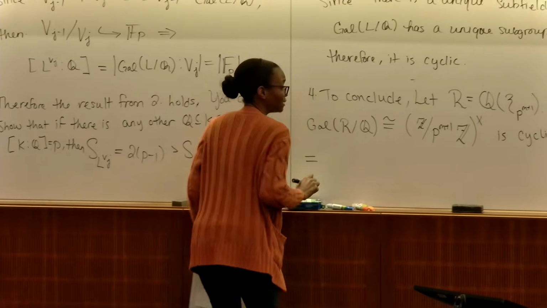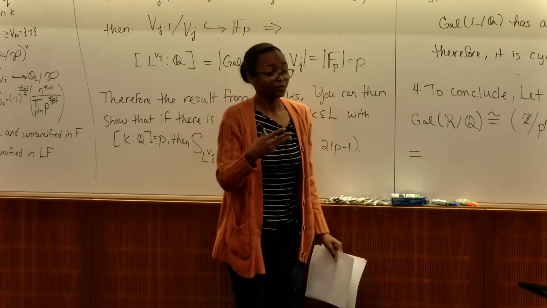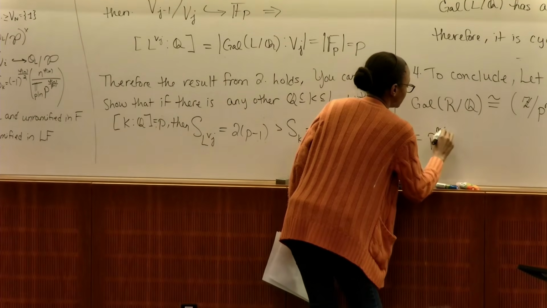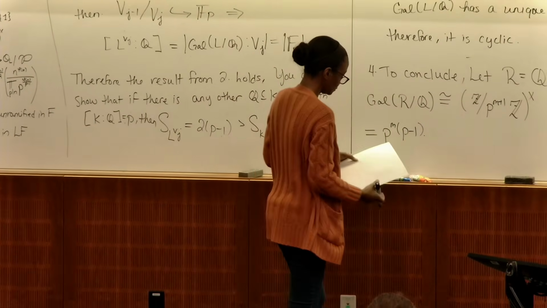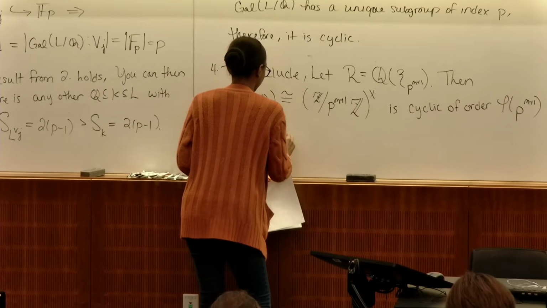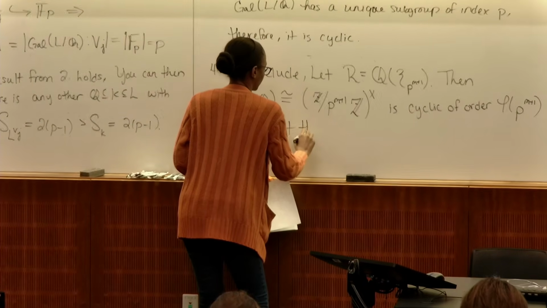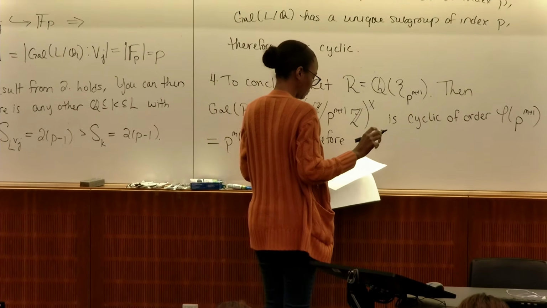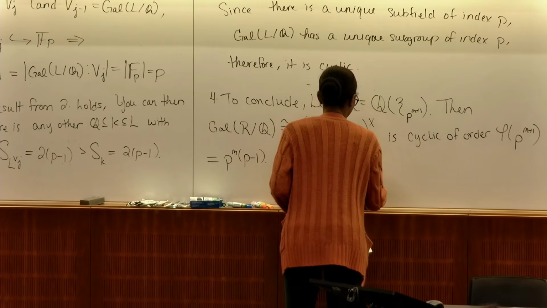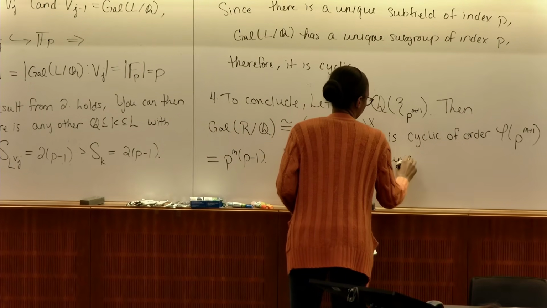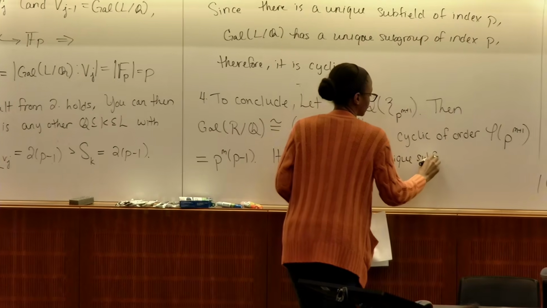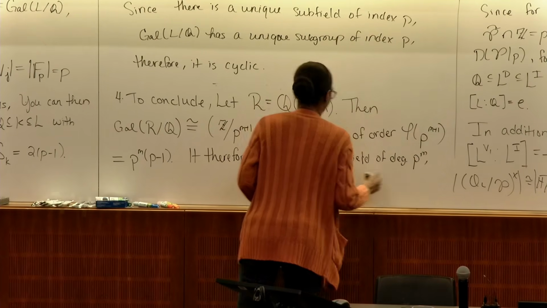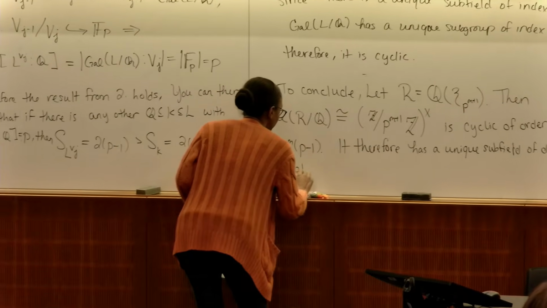But hopefully you all have seen and remember how you figure out the Euler phi function when you're dealing with the power of a prime. This is P to the M times P minus 1. It therefore has a unique subfield of degree P to the M. And we'll call that R prime.